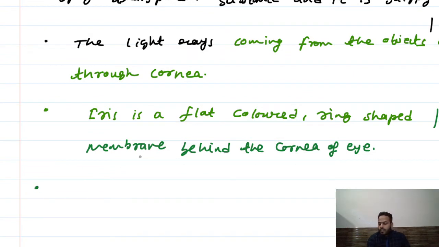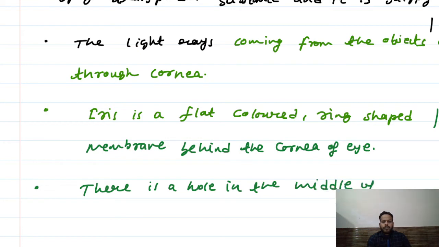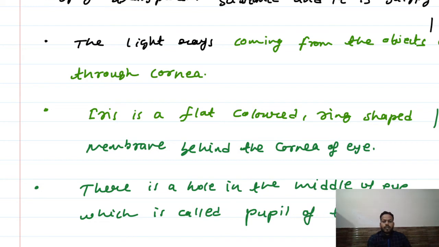Next to this is one more point we are writing. There is a hole in the middle of the iris, and which is called the pupil of the eye. बच्चों एक होल होता है जिसको हम लोग pupil of the eye कहते हैं.